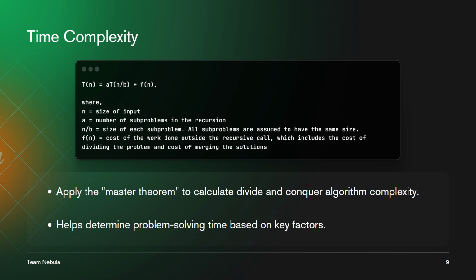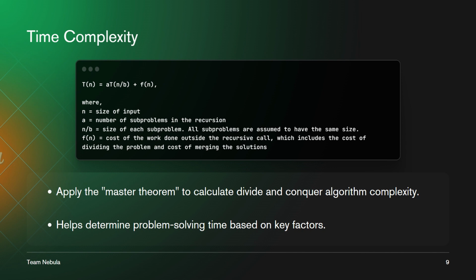The recipe might look like this. The time function T(n) = a * T(n/b) + f(n). Here is what each part means. T(n) is the time it takes to solve a problem of size n. a is the number of smaller subproblems we divide the big problem into. n/b is the size of each subproblem.